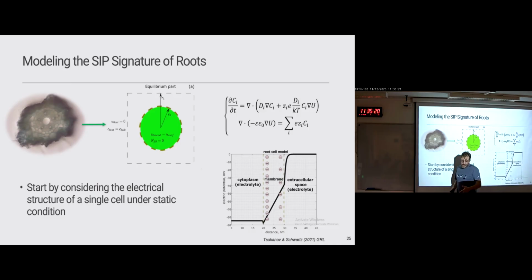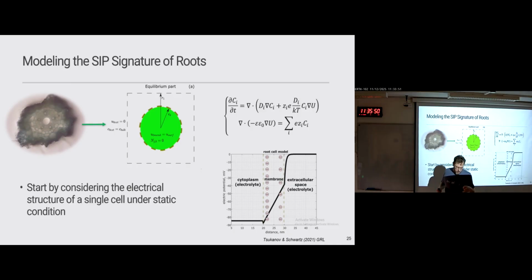We started with static conditions, where we don't have any external electric field, so we just have the membrane potential, the electrolyte inside the cell, and the extracellular space. You can see here the potential as a function of distance. In this case, this is in nanometers, by the way. Okay, so this is the electrical double layer. You can see this is 1, 2 nanometers.